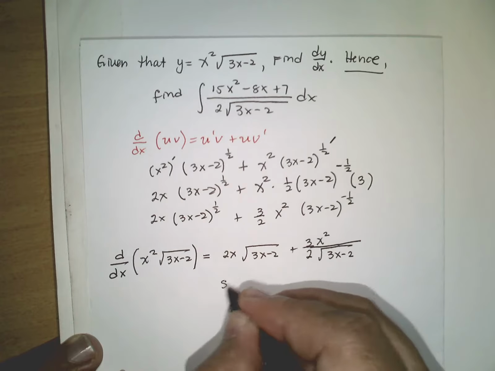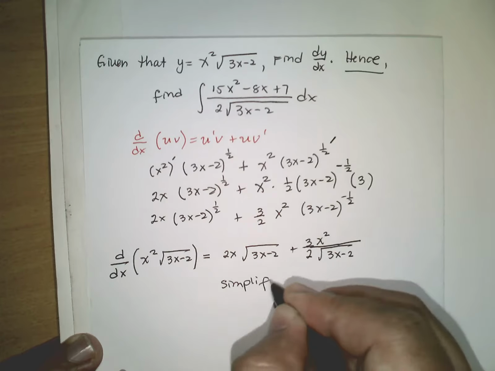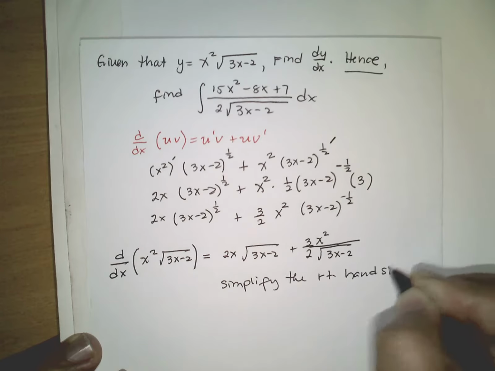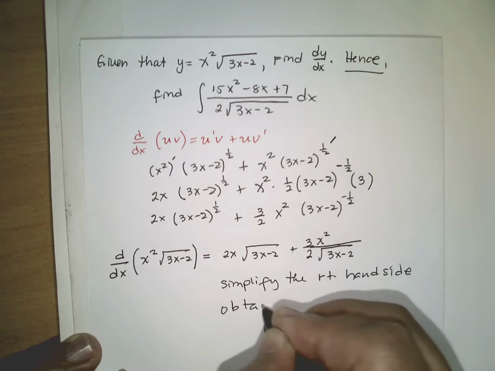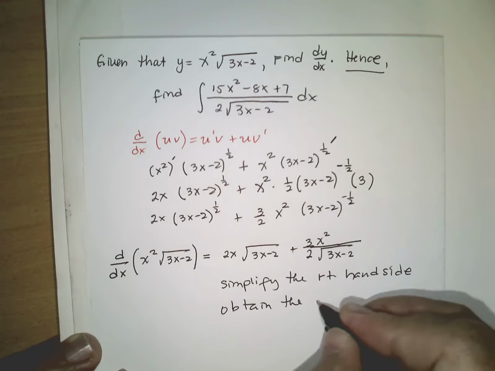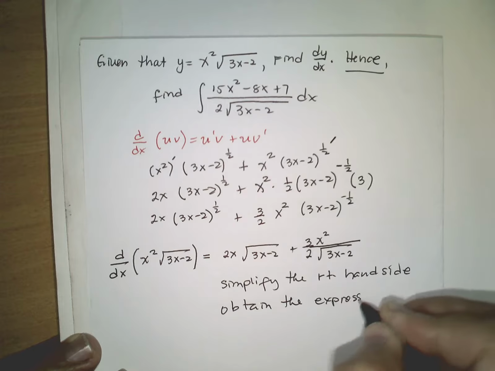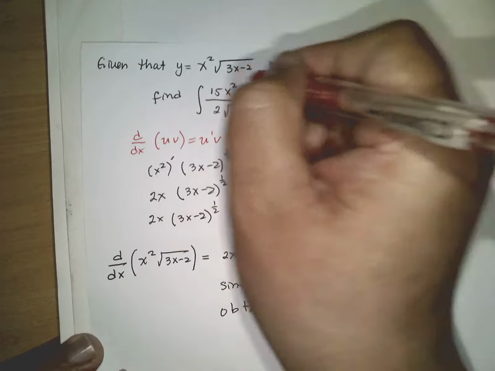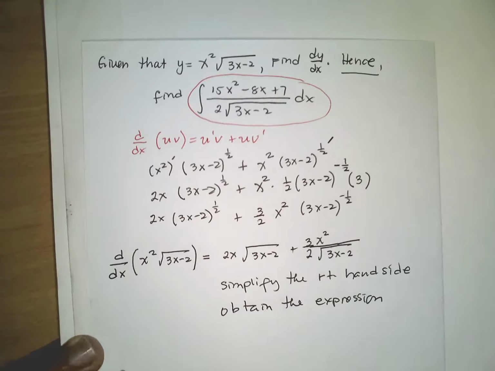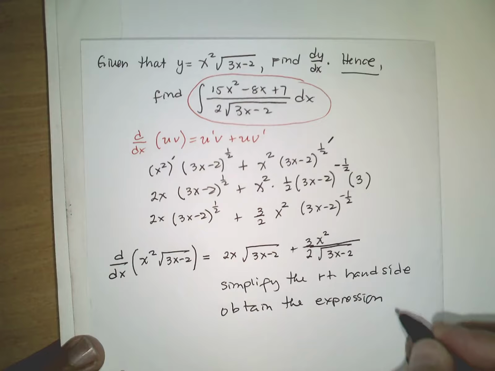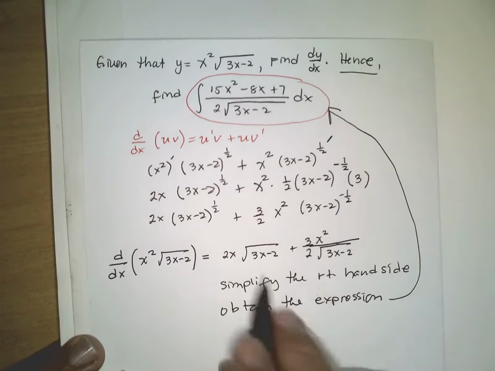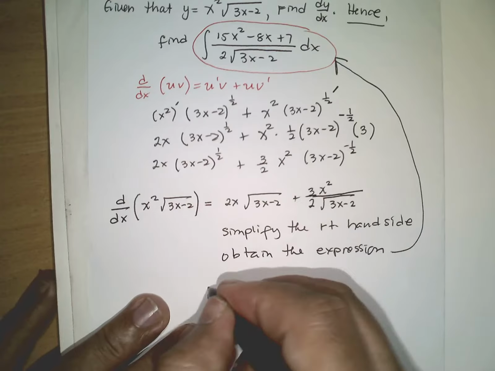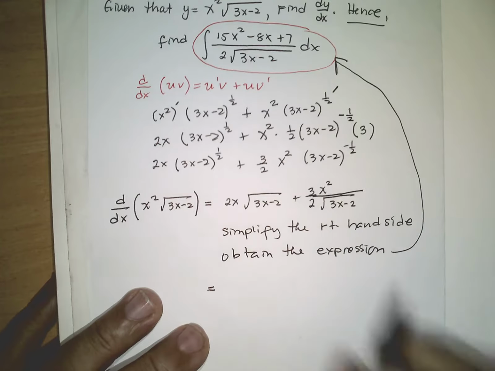So the strategy is to simplify the right-hand side, and obtain the expression, this one, this encircled one, right? So we want to obtain that expression after you simplify this right-hand side. So let's do that. This video seems to be long now, but okay, let's just go on.